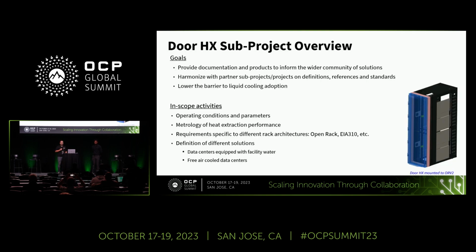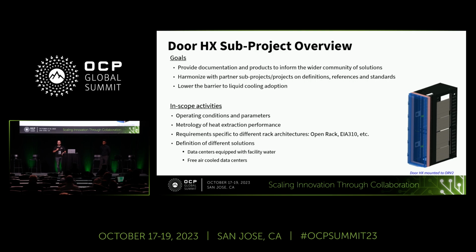So why are we working in this group? We have some targets. The first one is to provide documentation and information about the reactor. Also, to give you the different solutions for deployments, as well as harmonize the documentation with partners and other project groups.